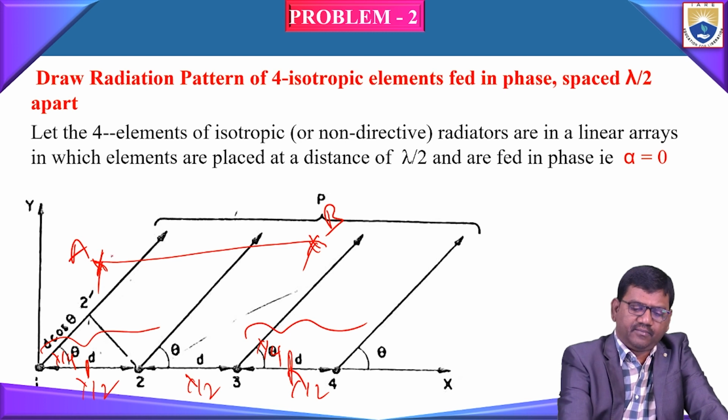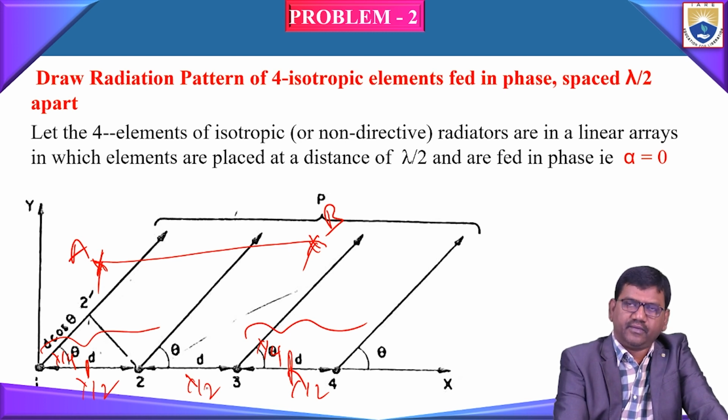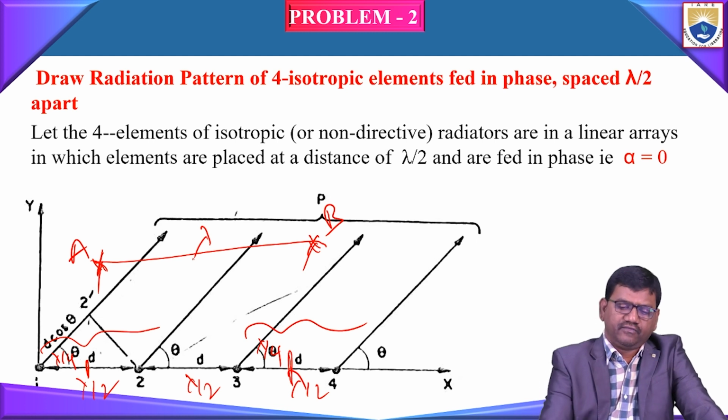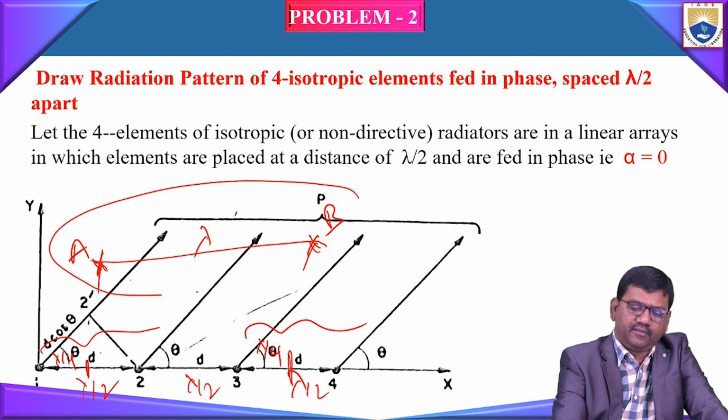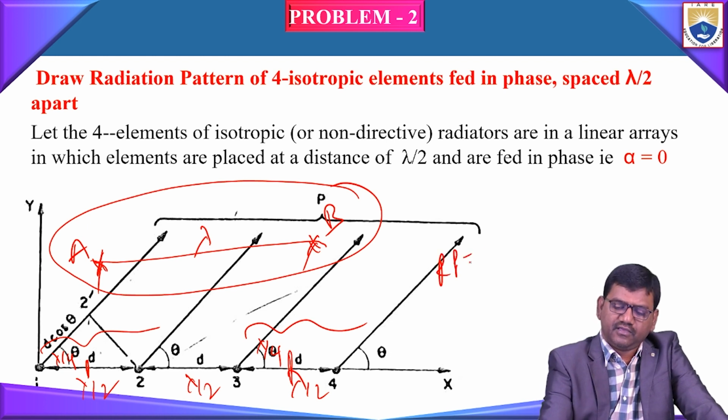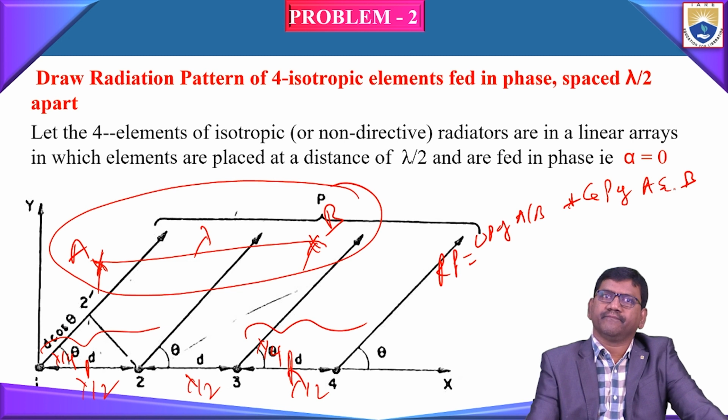So for this lambda by 4 and for this lambda by 4 and lambda by 2, the total length becomes lambda here. So for this A and B separated by lambda, the resultant pattern is given by the unit pattern of A or B multiplied with the group pattern of A and B here.